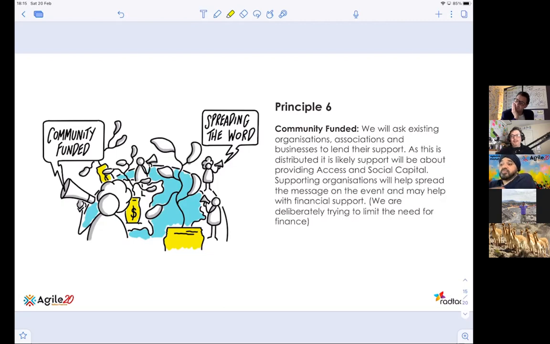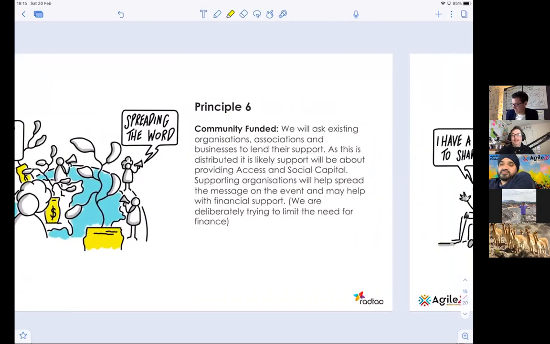I mean, the easiest thing in the world, and we started talking about it at the beginning, was we could just get £1,000 off every supporter. We'd have £70,000. We didn't. We thought we'd get the community to fund this, and we got £2,000. That's absolutely amazing. All right.